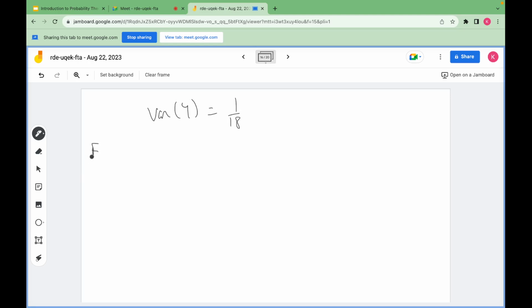So we found that expectation of x is equal to expectation of y is equal to 1 by 3, variance of x is equal to variance of y is equal to 1 by 18.